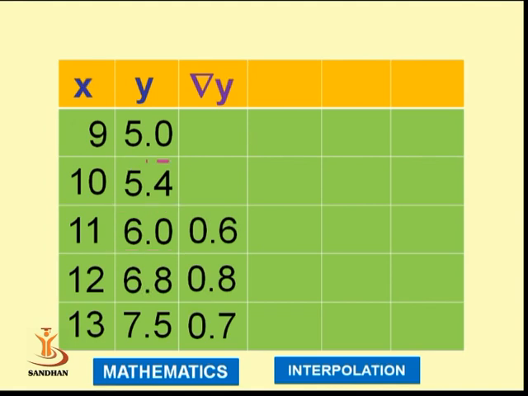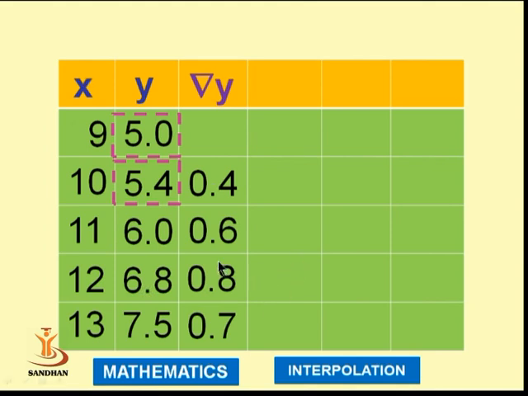And nabla y2 is given by y2, which is 5.4, minus y1, which is 5, and the value of nabla y2 is 0.4. Since we have already covered all the values from y1 to y5, this is where we stop computing the first order backward difference.